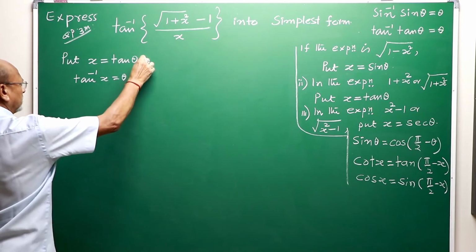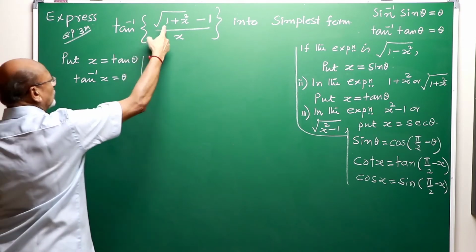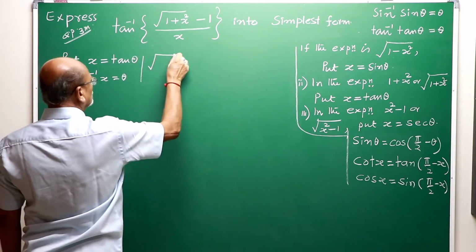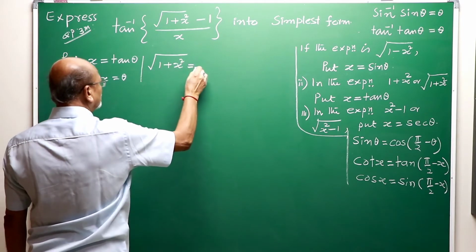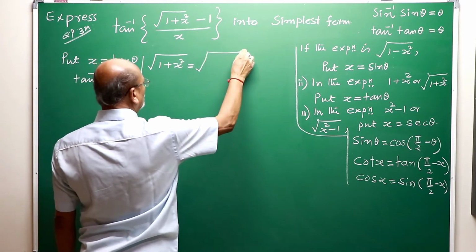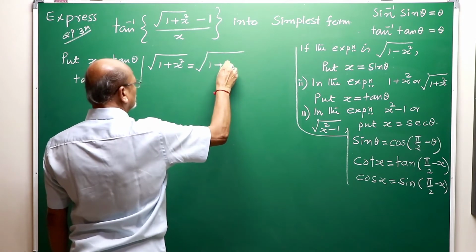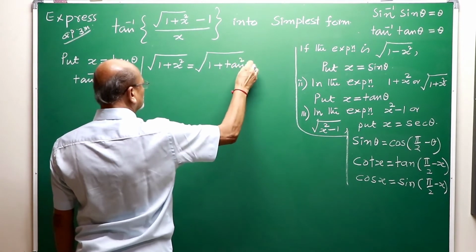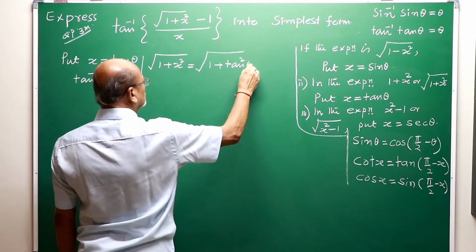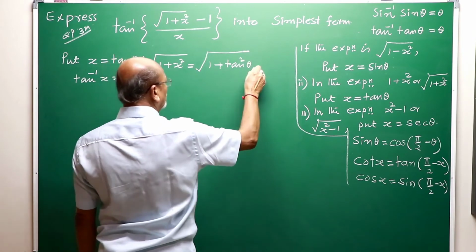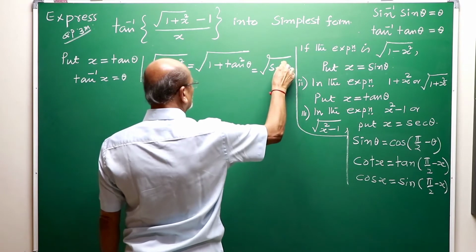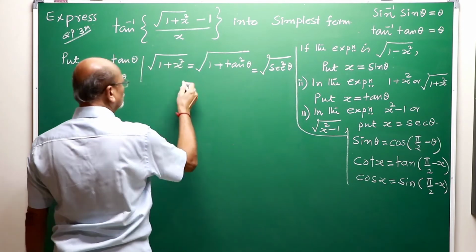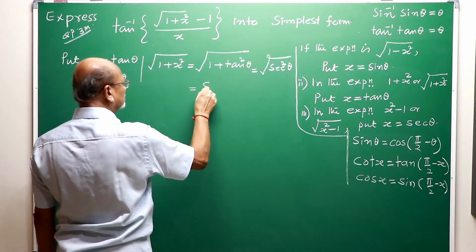Now find the value of root 1 plus x square, which is root 1 plus tan square theta, which is root sec square, so sec theta.